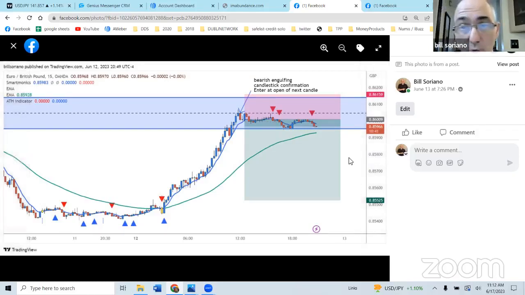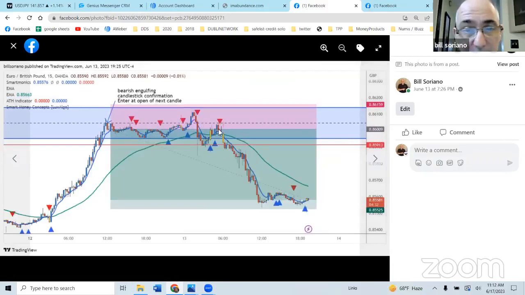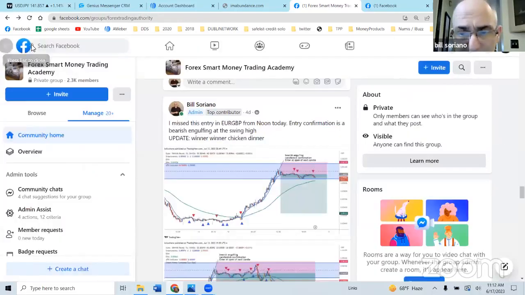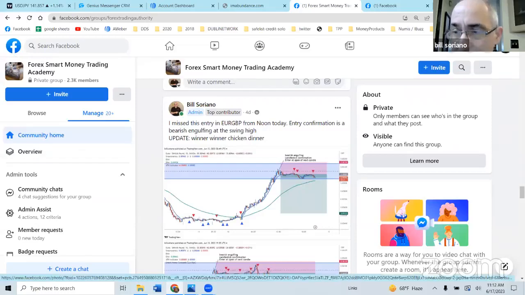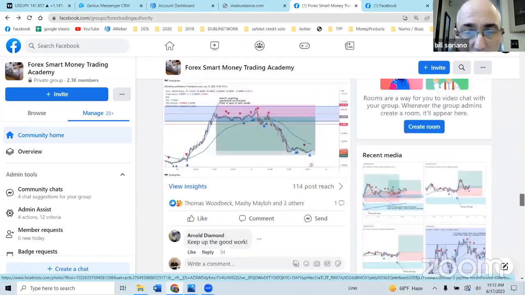I'm going to go over it more in detail tomorrow. But this was just a trade that I missed here. We've got a bearish engulfing candlestick pattern right there. And there's the big move down, all the way down to here. So that was a very good trade that I missed. Again, because it went off at noon.